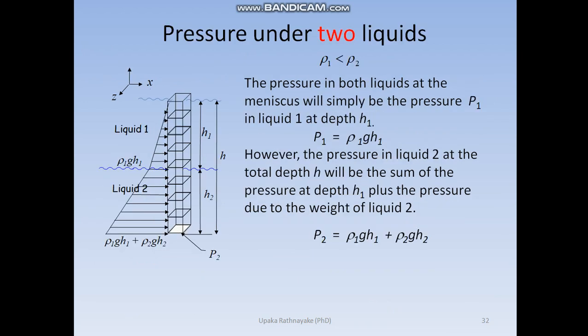Now let us look at the pressure variation across two liquids. The variation has two gradients. And please understand the gradients with respect to the densities. We know higher density liquid is at the bottom.